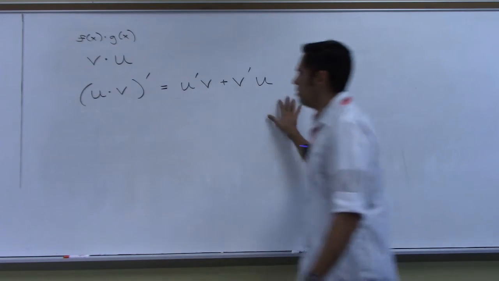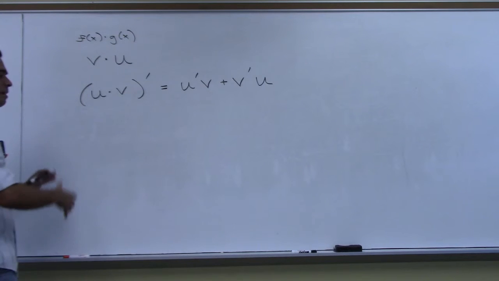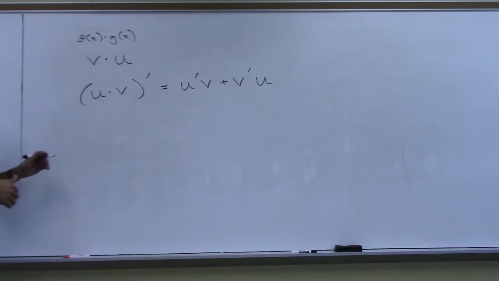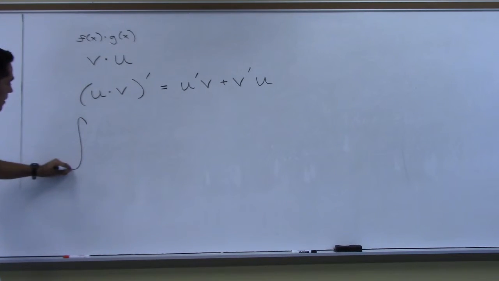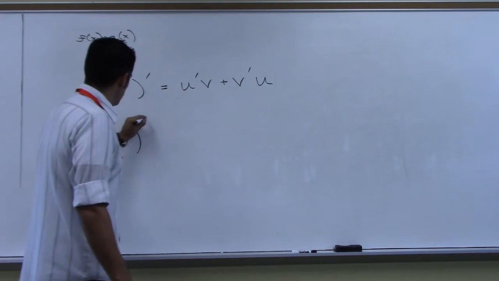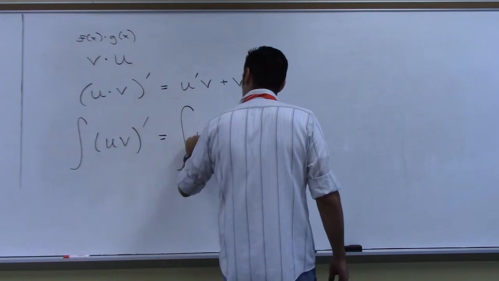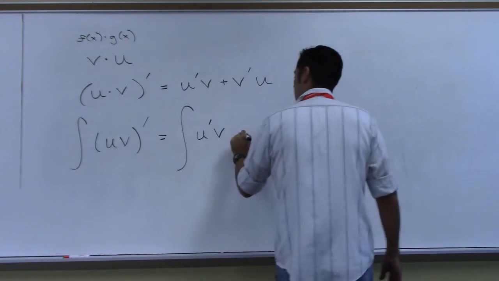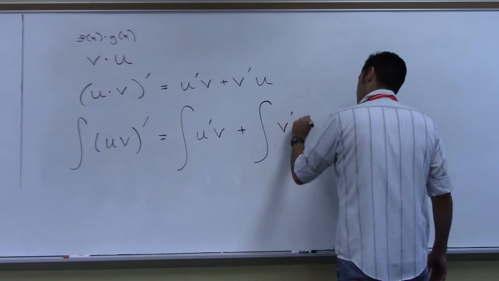So look at what I'm going to do. I'm going to take this product rule. We got it from taking the derivative. I'm going to come in on both sides of the equation right now, and I'm going to undo the derivative. So if I undo the derivative, what I mean is find the antiderivative. So what is the antiderivative of u times v, like this? And then over here, the antiderivative of this, and then plus the antiderivative of this.